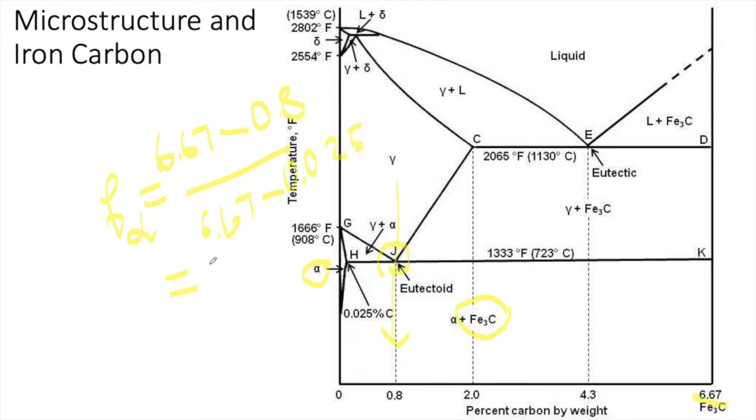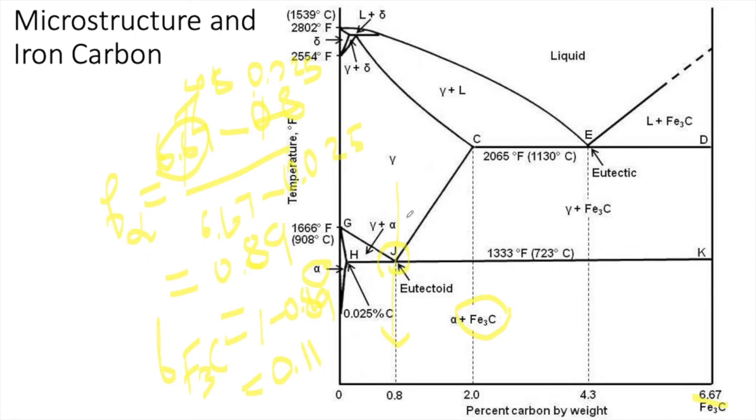So the alpha composition is 0.89, which is 89 percent, and the composition of the cementite can be given similarly as 1 minus 0.889, which is 0.11.